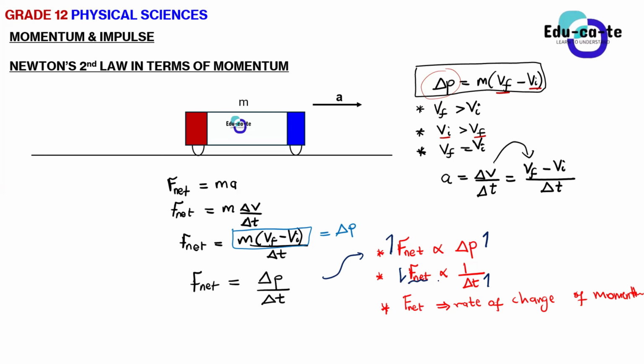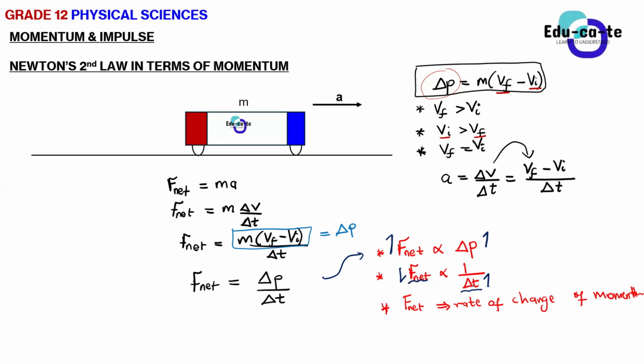Let me repeat myself. When you're about to get into an accident, if your car doesn't have an airbag, then you're just going to crash and you're going to feel a bigger force. You are probably going to get injured because you are feeling a very big net force. But if there's an airbag, the airbag actually increases the time taken for the impact to get to you.